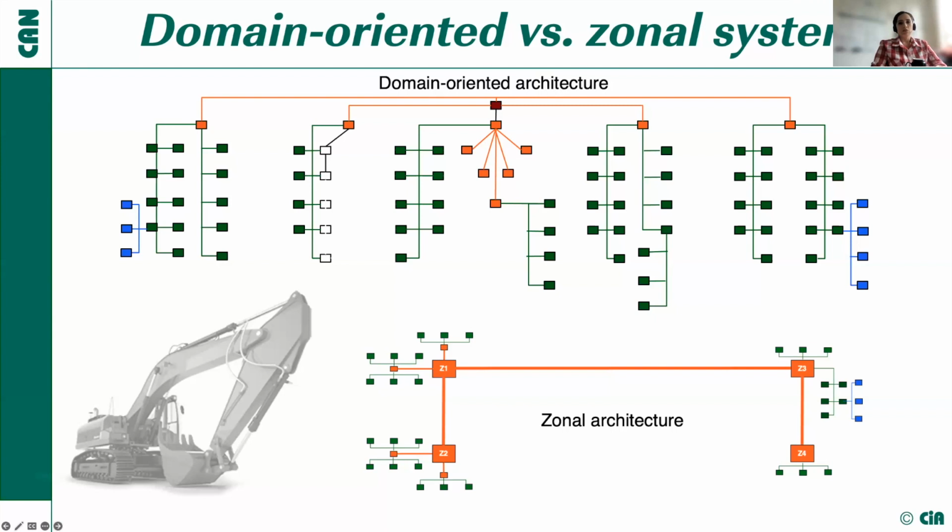It was also not very convenient, in particular if you want to save weight, and of course cable means weight. So the next idea was zonal architecture, which is a more regular network approach. In comparison to the domain-oriented approach, zonal architecture classifies ECUs by their physical locations inside the vehicle. It means each zone has its own ECU.